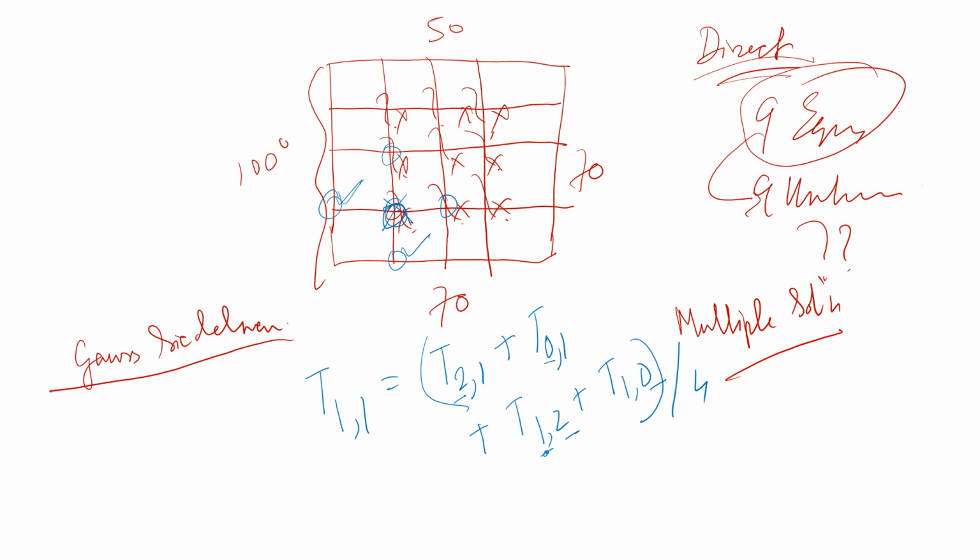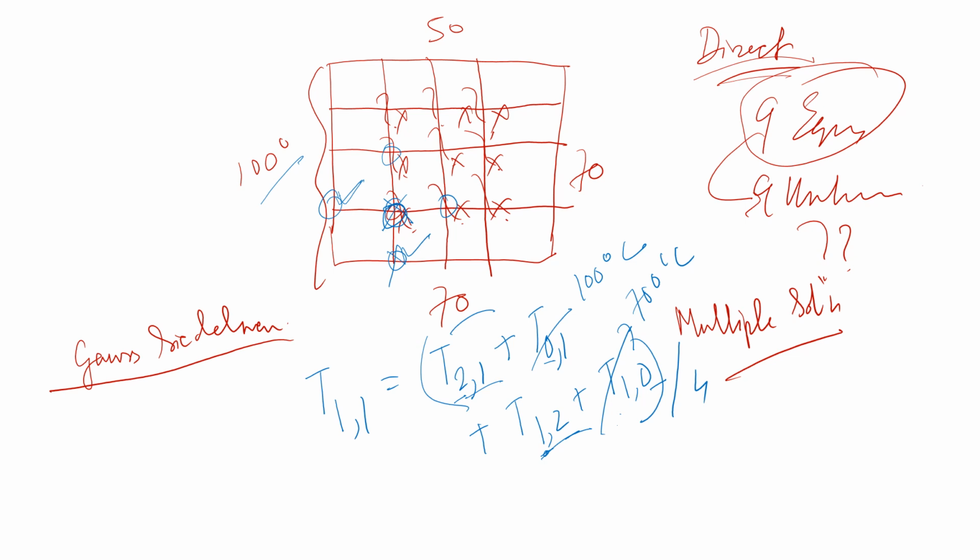T01, that is this point, will be at 100 degrees centigrade, and T10 will be at 70 degrees centigrade, correct? Because this edge is at 100 degrees centigrade and this edge is at 70 degrees centigrade. So the unknowns are these two.